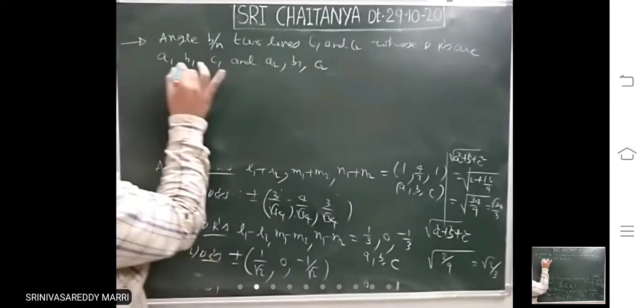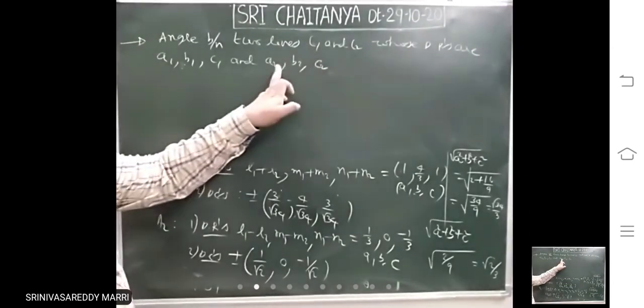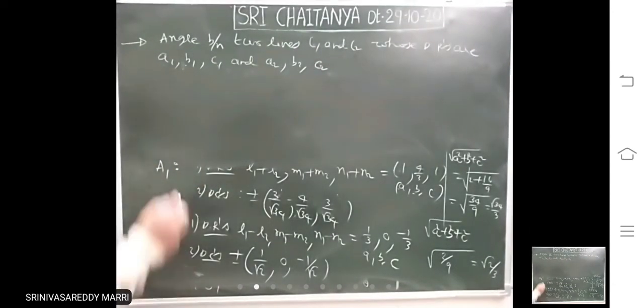That means for line 1 DRs are A1, B1, C1. For line 2 DRs are A2, B2, C2.